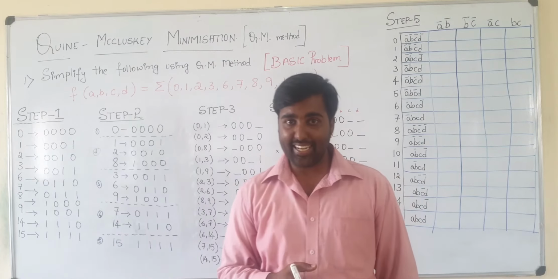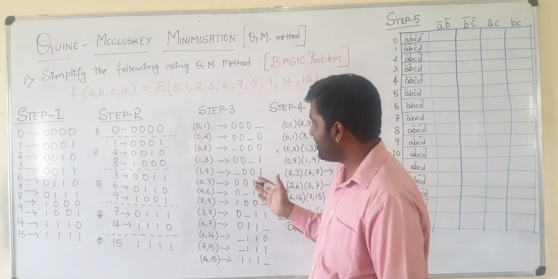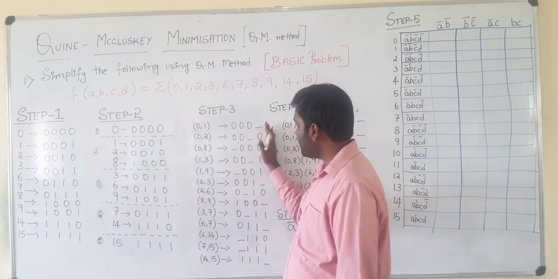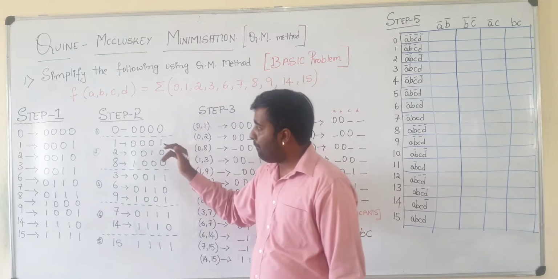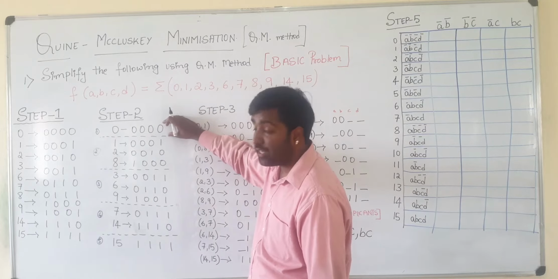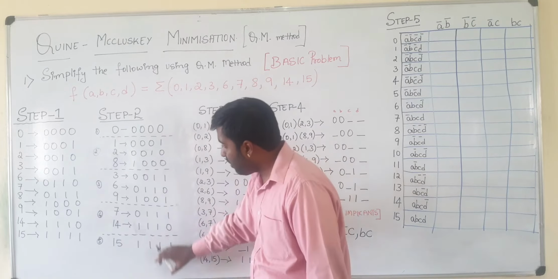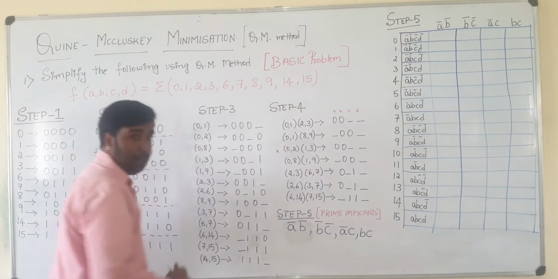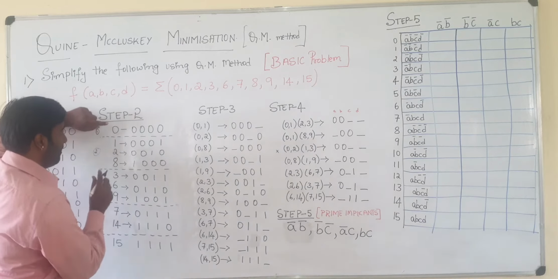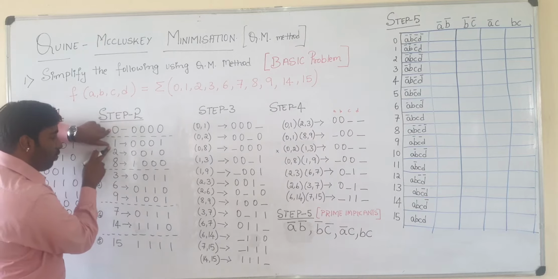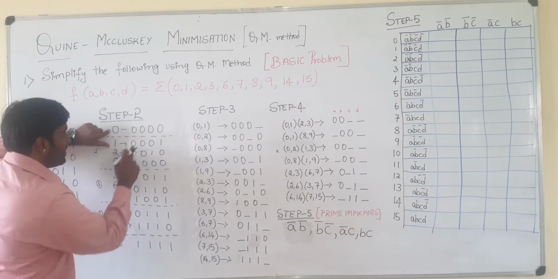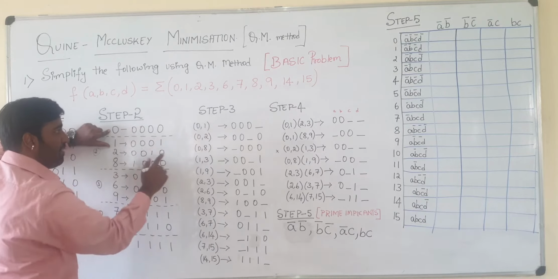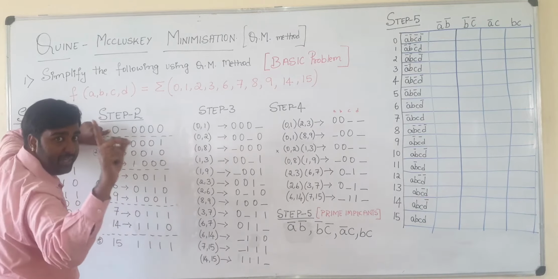Soon after the second step, the third step is you take this as an input. In this step, you will be comparing each member of a group with all the members of the next subsequent group. For example, listen clearly. 0 is compared with 1. How? 0, 0 is same, 0, 0 is same, 0, 0 is same, and there is a change in a single bit.